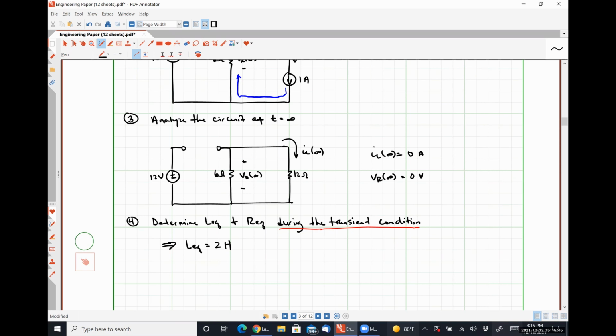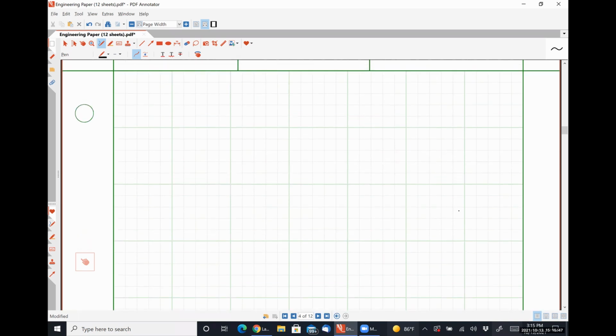So during the transient condition, our circuit looks like this. This is what it looks like during the transient condition because we're looking at it after the switch is opened up. We are finding the Thevenin equivalent resistance.